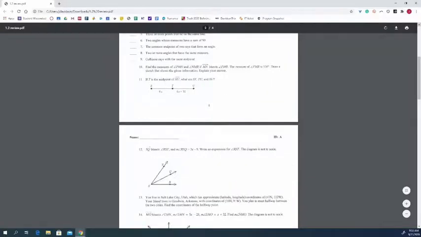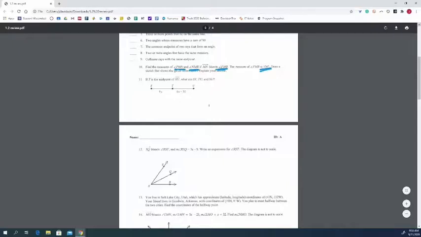Okay, I had another quick question on 10 and 11. Number 10, listening here? On number 10, it says PMR is 136, and it also says that PMN and NMR are the halves of PMR.